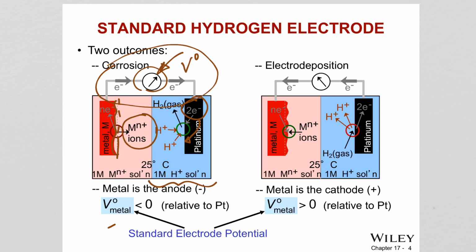But there are cases where intentionally we can use it, in terms of some processing like electrodeposition. In that case, you attach a metal relative to platinum, and the voltage you read is positive. Okay, that means your metal is now the cathode. The platinum is actually going to corrode.